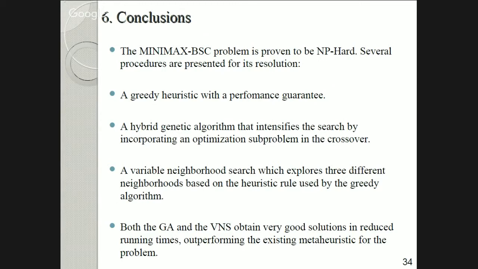Both the genetic algorithm and the variable neighborhood search obtain very good solutions in small running times, especially the variable neighborhood search, which works very, very well, and they outperform the existing metaheuristic for the problem.